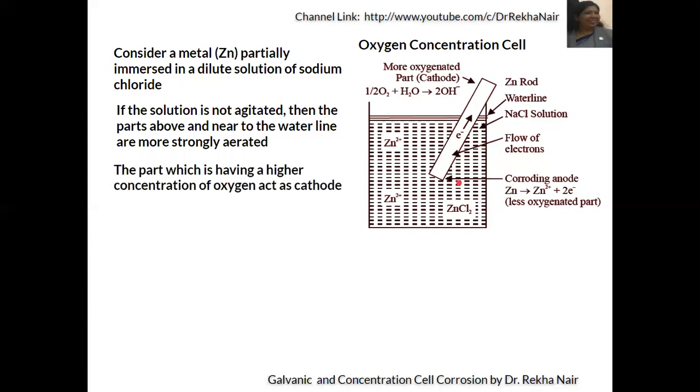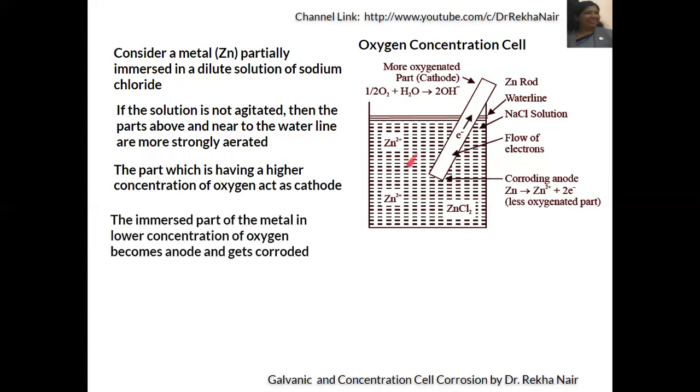So the part having the higher concentration of oxygen will act as cathode, and the dipped part will act as anode, and the anode part will get corroded. So here also we have two different mechanisms depending upon the solution in which it is dipped.